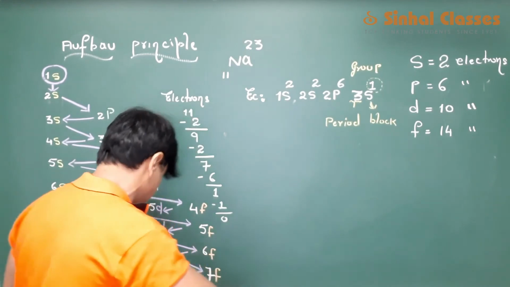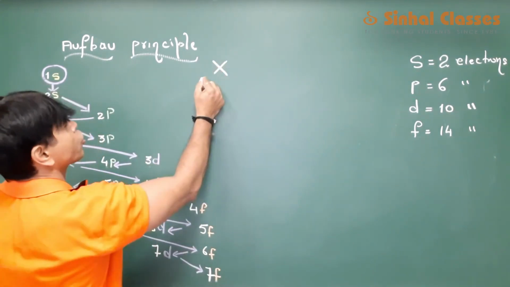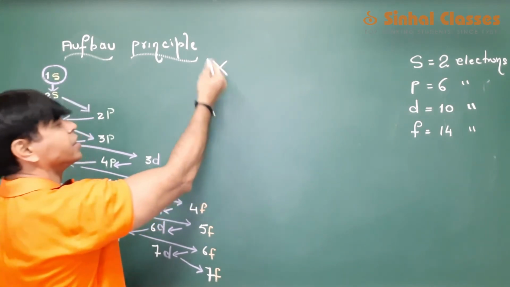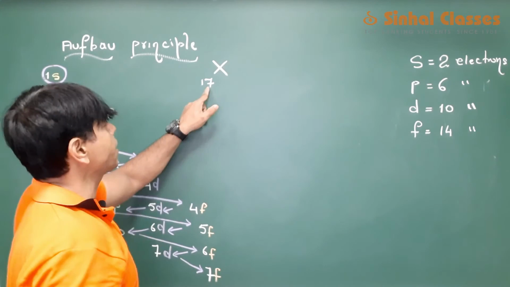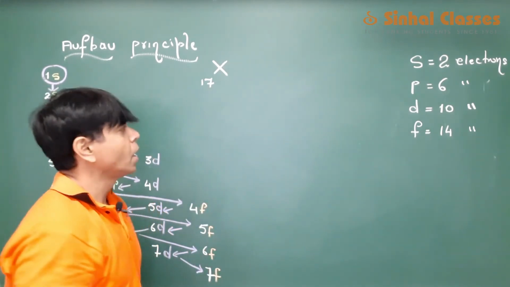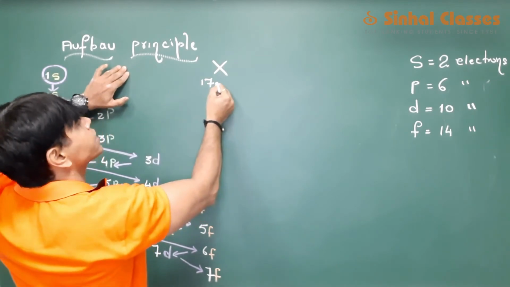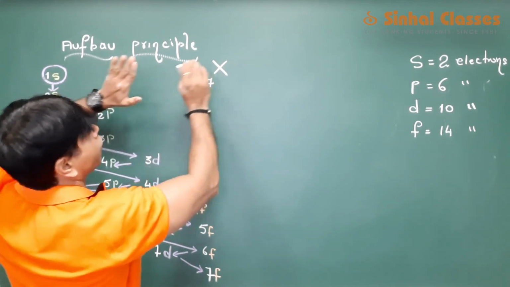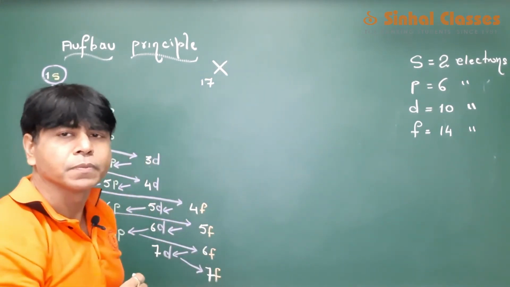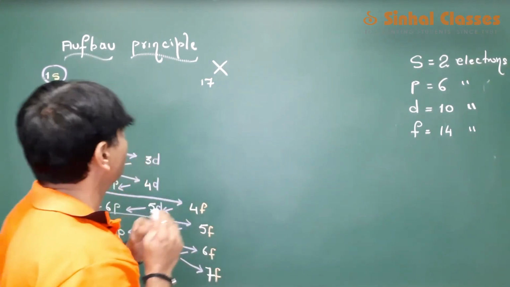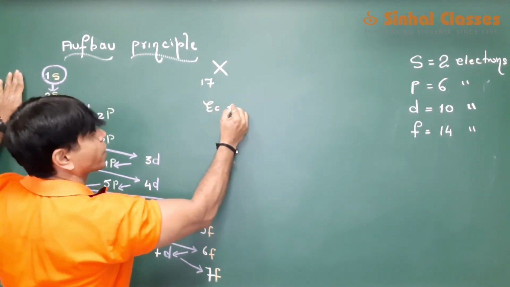Say for example, an element X has atomic number 17. I want to know what is the position of this element in the periodic table. So, I will start writing the electronic configuration.